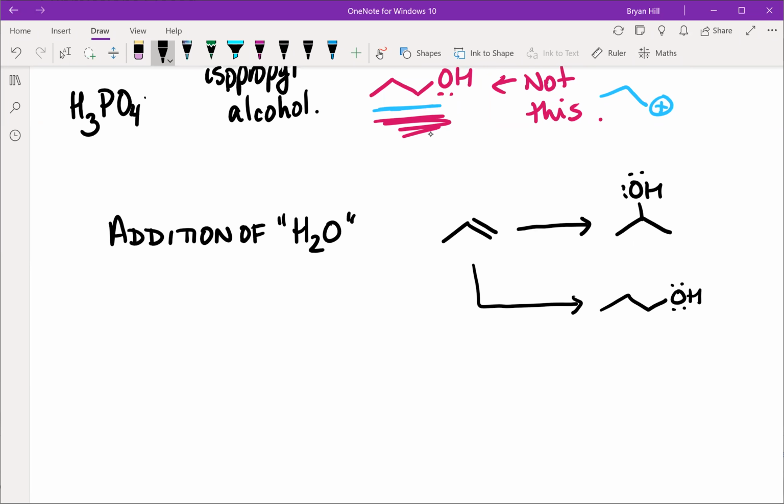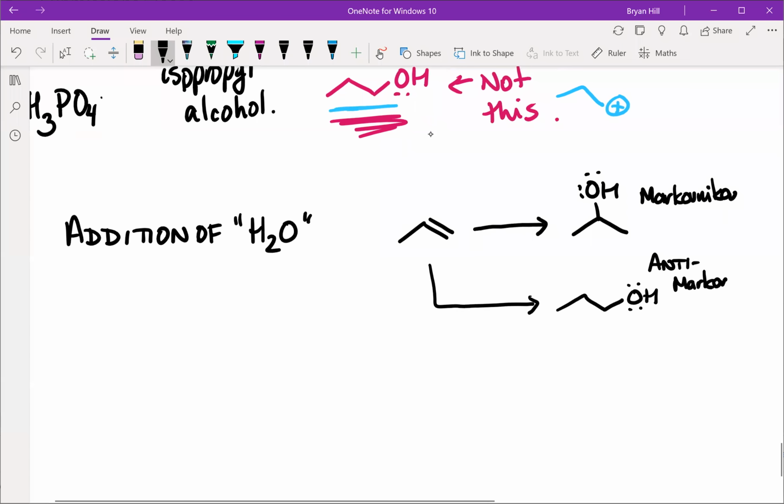So we want basically two types of methods. So one where we've got the Markovnikov, and the other one which would be the anti-Markovnikov. So one where the rich get richer and one where the rich don't get richer.